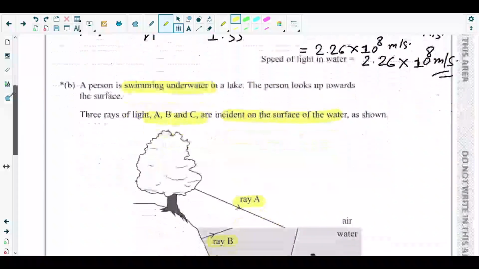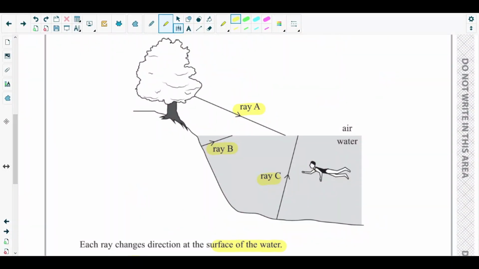We can see that there are 3 rays, ray A, ray B, ray C. We will have to explain in a very disciplined way and in a well structured pattern. For ray A we will consider 2 points, for ray B 2 points, and for ray C 2 points, for a total of 6 marks.